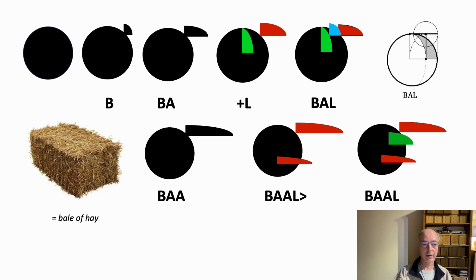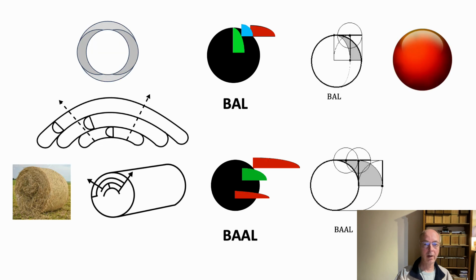But it also exists in a brick form, let's say a box form, and that might be strange, but it is about sticking it together with layers. So that can be sensed more or less here as well. And I compared it before with the forms and with the BAL.